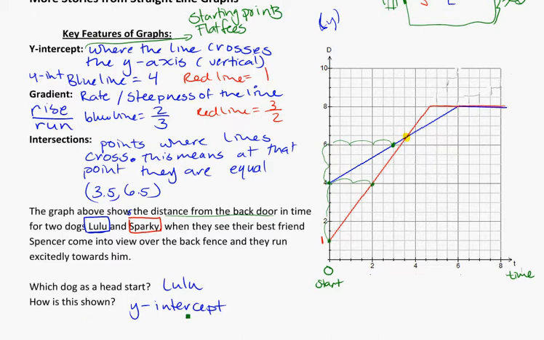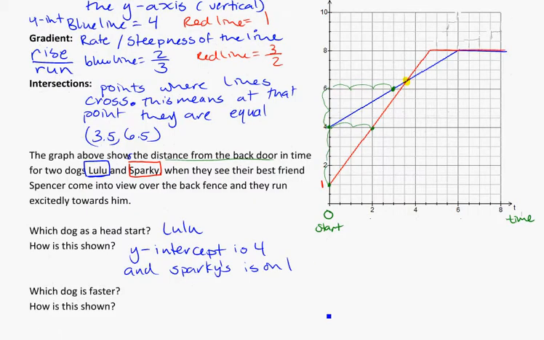So in this case, Lulu has the head start because her y-intercept is 4, and Sparky's is only 1. So Lulu is further from the door.